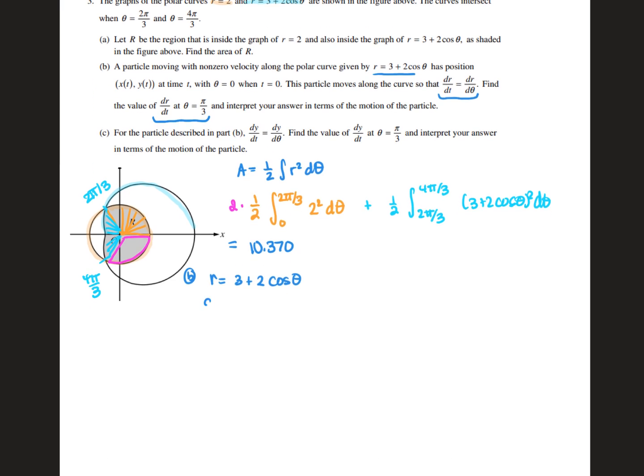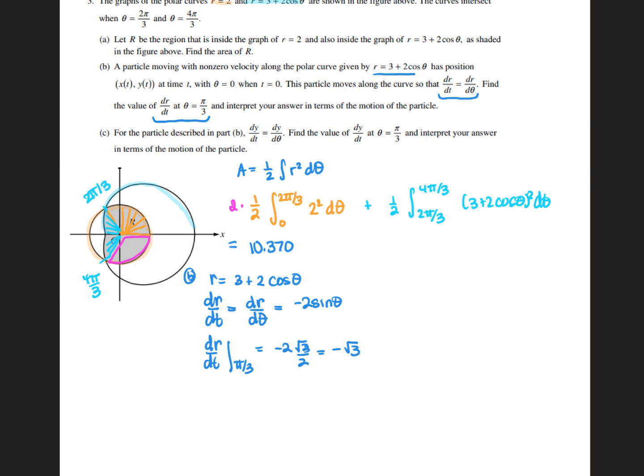They told us dr/dt is the same thing as dr/d theta, which would be minus 2 sine theta, evaluated at pi over 3. So dr/dt at pi over 3 is negative 2 sine of pi over 3, which is root 3 over 2. So that would be negative root 3.